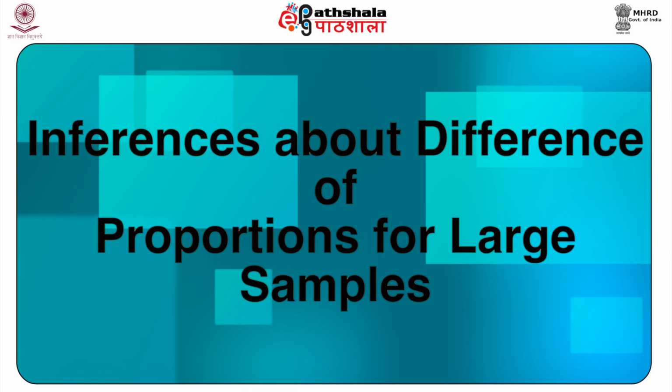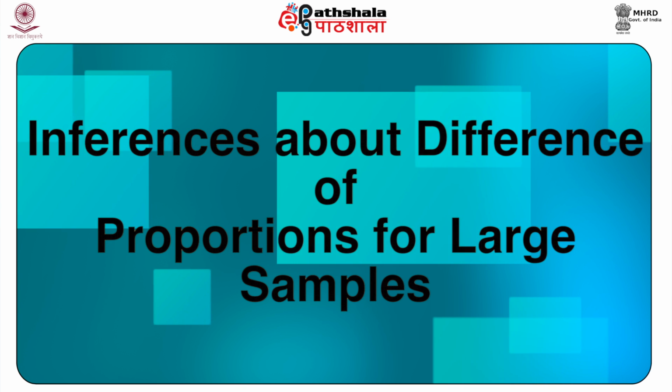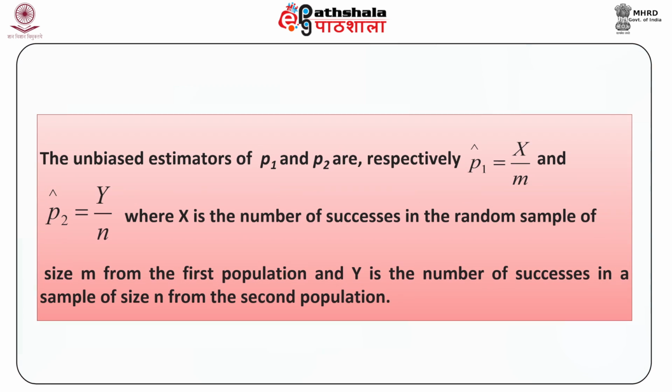Let us now learn about the inferences about difference of proportions for large samples. Let us assume that the proportions of successes in two populations are denoted by P1 and P2. The unbiased estimators of P1 and P2 are respectively P1 hat equal to x by m and P2 hat equal to y by n, where x is the number of successes in the random sample of size m from the first population and y is the number of successes in a sample of size n from the second population.